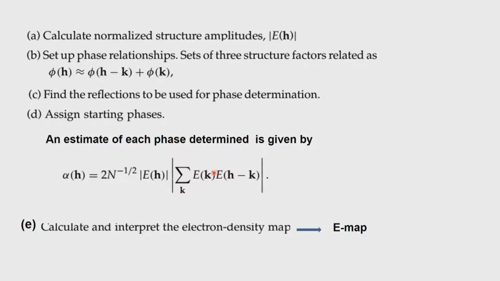The stronger the E value, the better is the phase determined. So keeping that in mind, we can do an E map calculation based on the phases. We give random phases to about 20 of them. Keep changing the phases using a random number generator. Every time calculate the E maps.